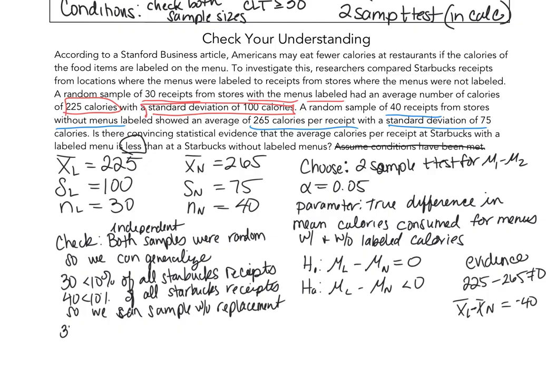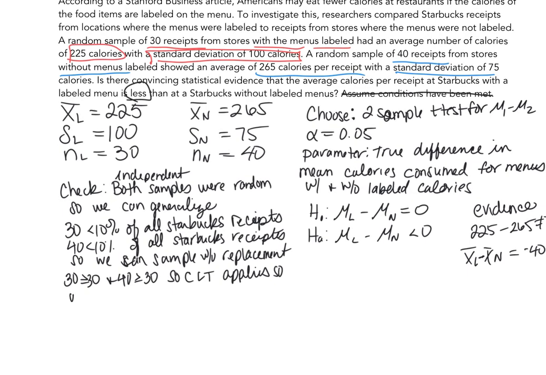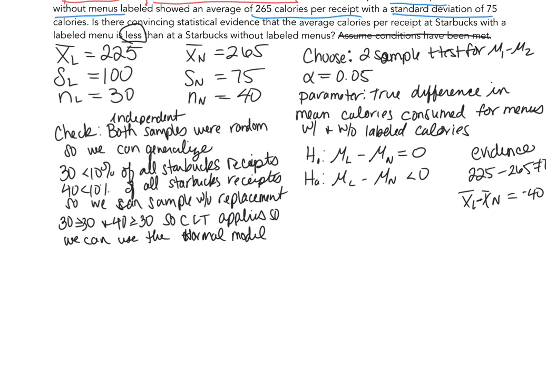And then 30 is greater than or equal to 30, and 40 is greater than or equal to 30. So the central limit theorem applies. So we can use the normal model, and in this case, the T model. So my general formula, remember you don't really have to write down the general formula.